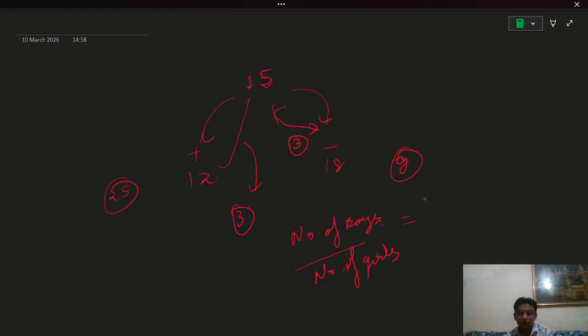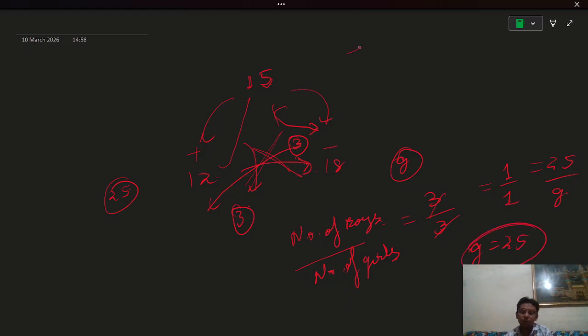Difference is 3, and cross multiplying, this number of girls comes here and this number of boys comes here, so it will become 3 is to 3, that is 1 is to 1. Now if there are 25 boys, the number of girls will again be 25.